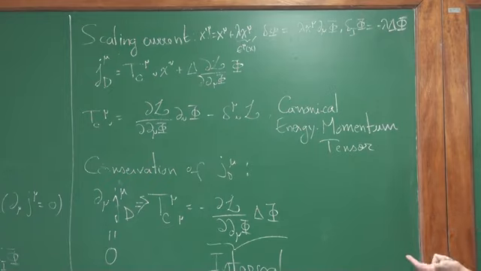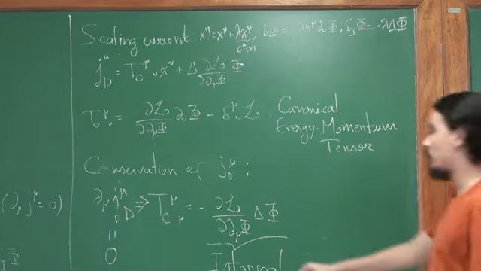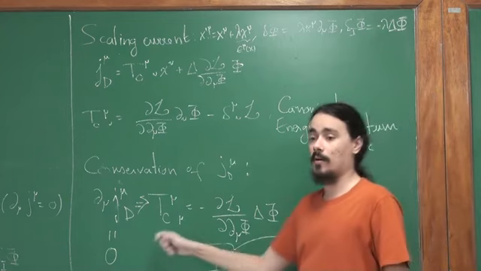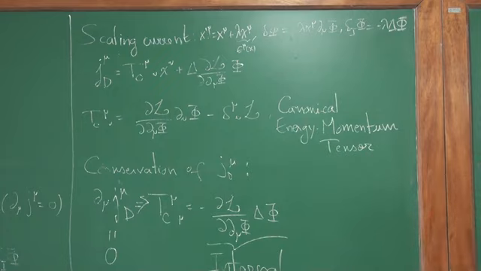Okay, and then we asked if there is such an improvement for scaling currents, in order to get rid of this internal part and obtain a new energy momentum tensor that is traceless.